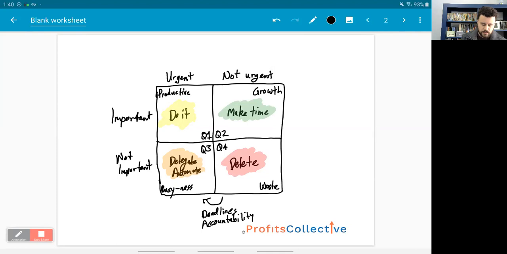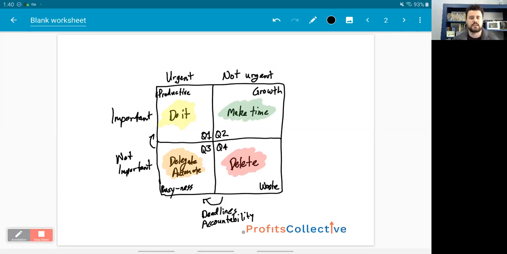Next, to get yourself from Q3 up to Q1, from feeling a sense of busyness, like you're doing lots of things but you don't seem to be moving forward, or you're too busy with the minutiae and fighting fires, you need to start focusing your time on the important stuff. You need to delegate and automate things.